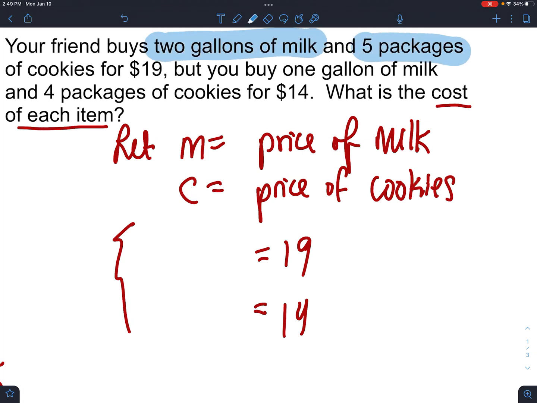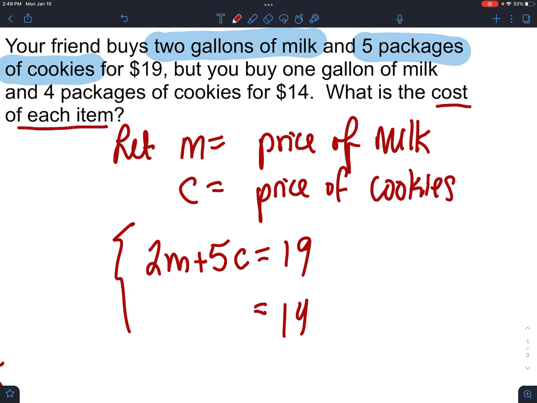So look here when it says 2 gallons of milk and 5 packages of cookies. If I'm the cash register and I'm ringing that up, I should do 2 times the cost of milk, 2 gallons of milk, plus 5 times the cost of cookies.